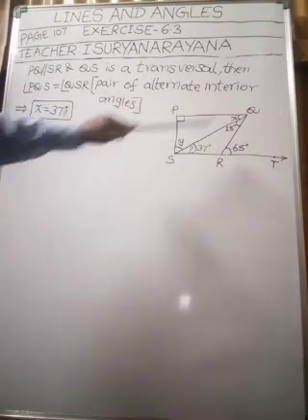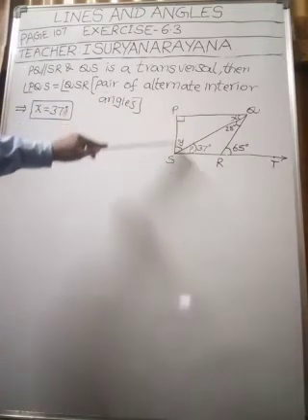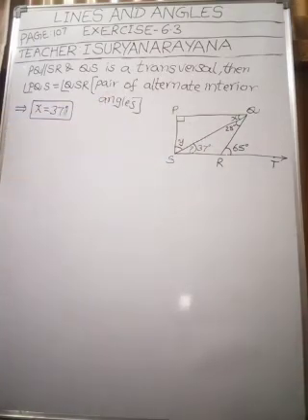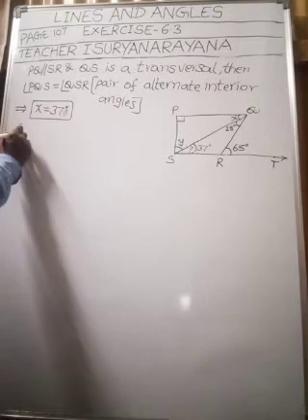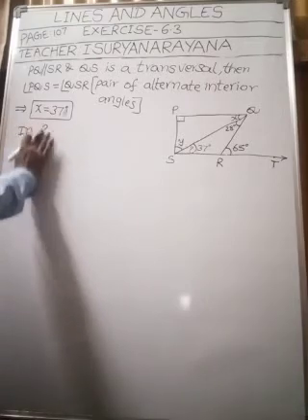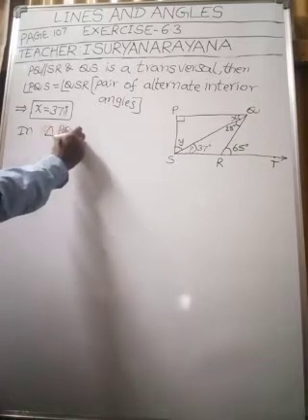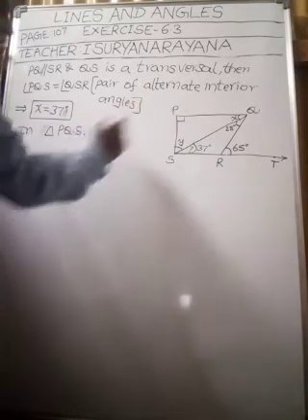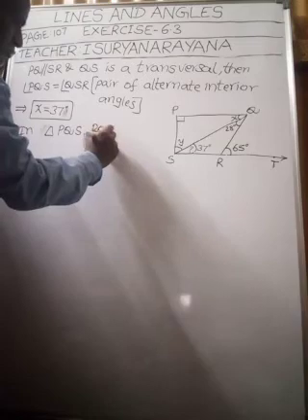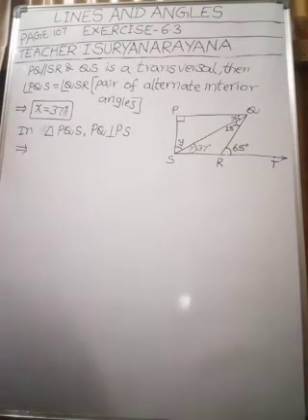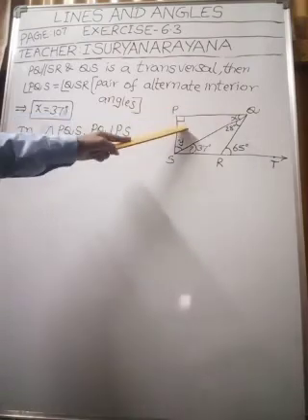PQS is a triangle, a right angle triangle, because PQ is perpendicular to PS. Okay, my children. In triangle PQS, PQ is perpendicular to PS, implies what is the measurement of angle QPS? 90 degrees.